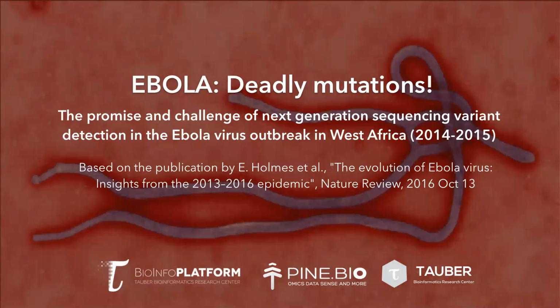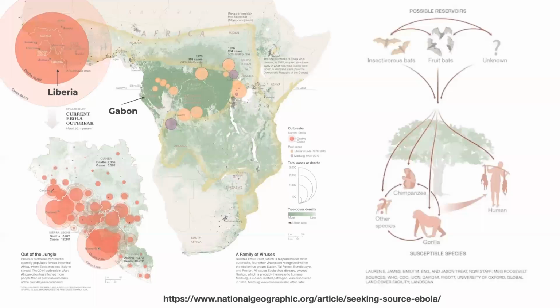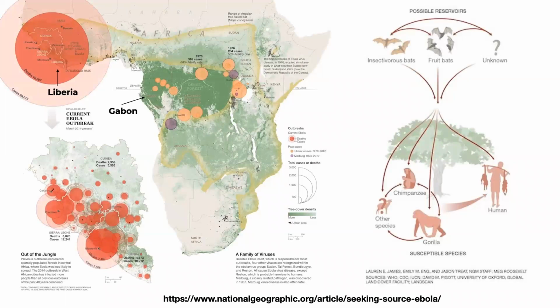So what happened with this outbreak? Ebola virus was first detected in the 1980s. So the human sequence of the Ebola virus was detected back then. Back then, it was sampled from Gabon and Zaire. And eventually, you can see here, this is a map from National Geographic.